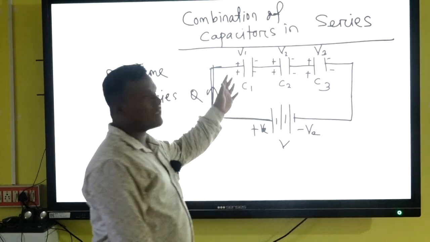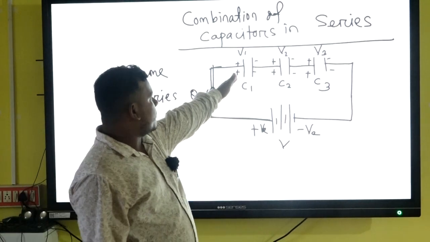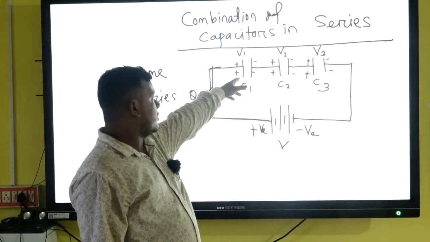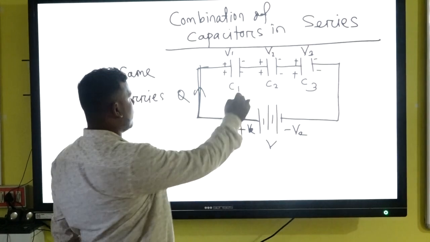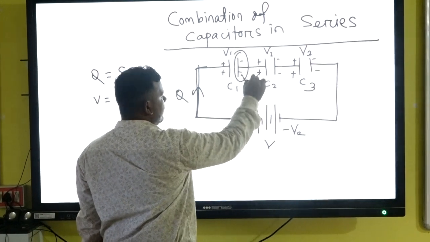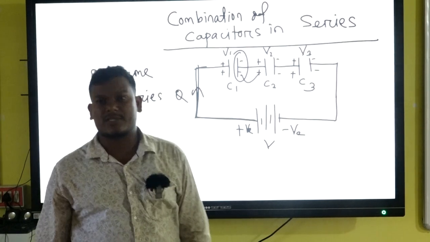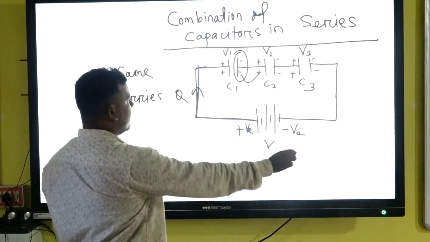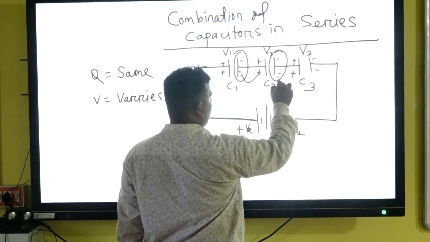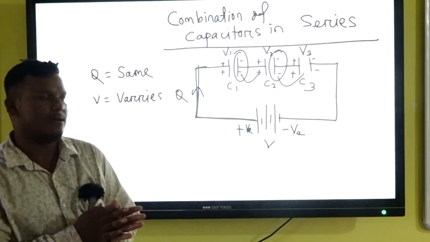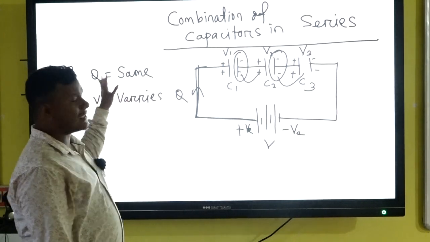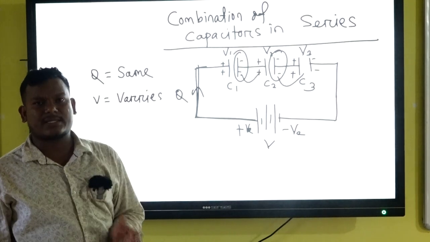So what happens in series combination? The negative terminal of the first capacitor is connected to the positive terminal of the second, and the negative terminal of the second capacitor is connected to the positive terminal of the third. In series, charge is constant but potential changes.